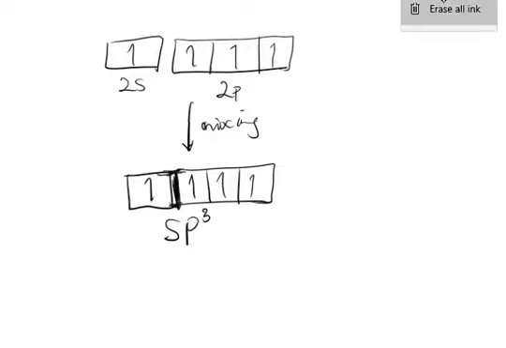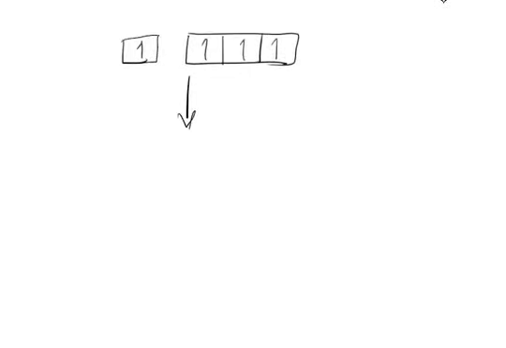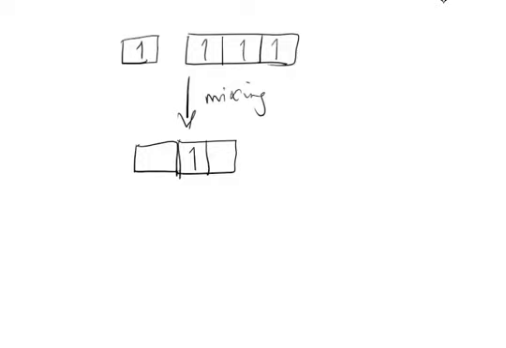Alright, so for alkenes we have our s orbital here, and we have our p orbital here. So mixing occurs in such a way that the s here mixes with 2 of the p.